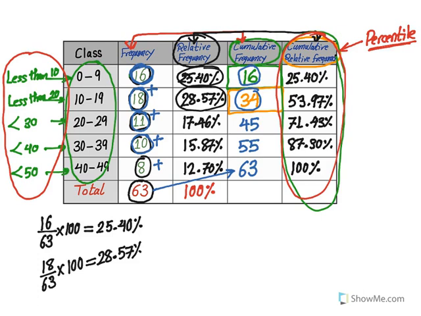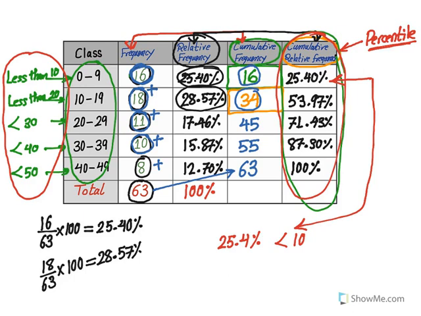You can watch these, and then you would understand what I mean. Like this number, for example, here, what does it mean? This means that 25.4% of our data is less than 10.